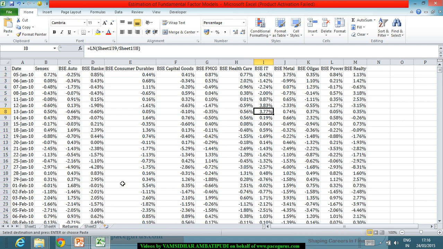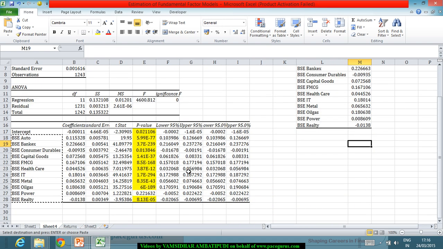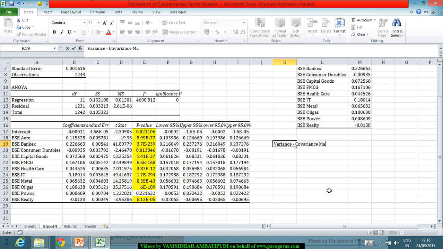So that's the reason I will compute the variance covariance matrix for the various independent variables. All right, I'll look at the variance covariance matrix.